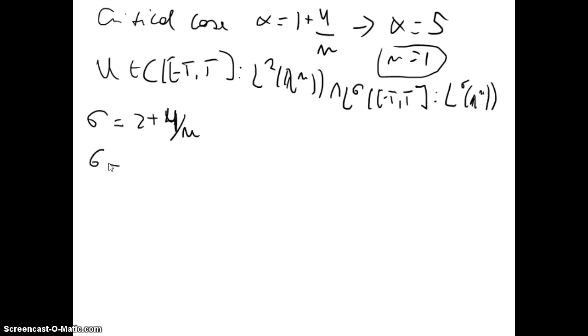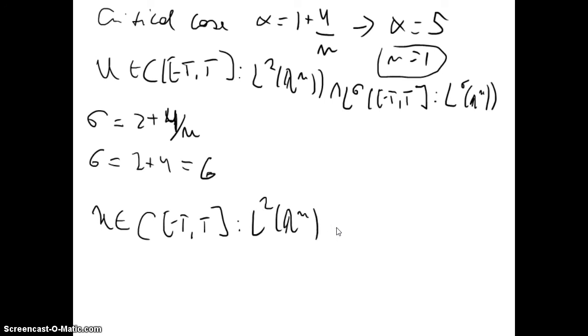So in our case, sigma is equal to 2 plus 4, which is 6. This will tell us that in the case where we have one dimension, the solution is going to be in C of minus T, T; L2 Rn, intersection L^6 of minus T, T; L^6 Rn.